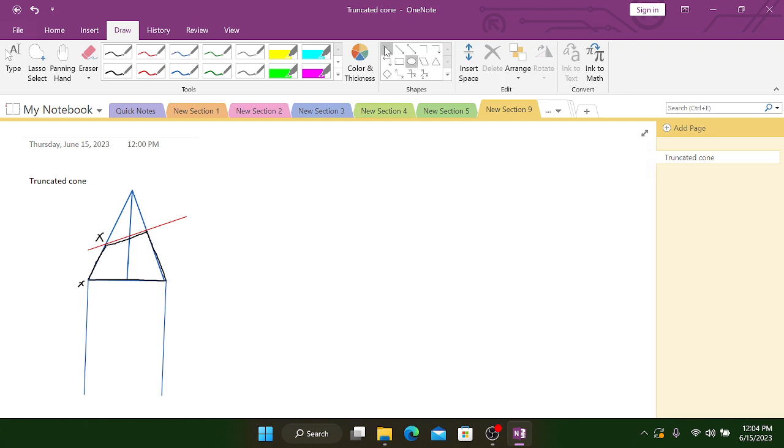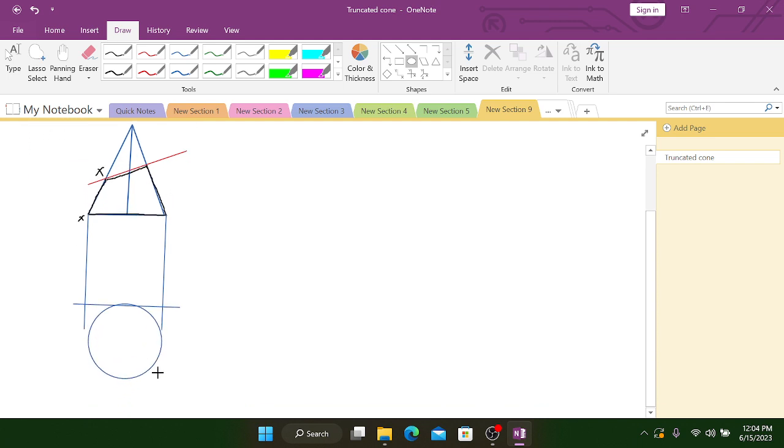Then here I am going to draw a horizontal line in this way, and I am going to draw a circle with that diameter. So my circle should be like this, and I'm going to extend this vertical line going through the center.